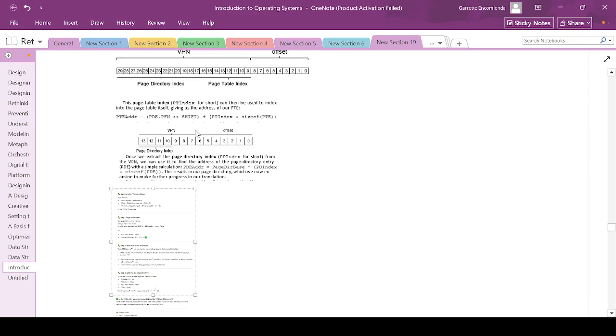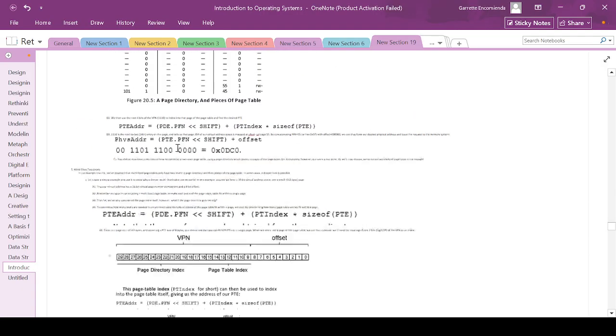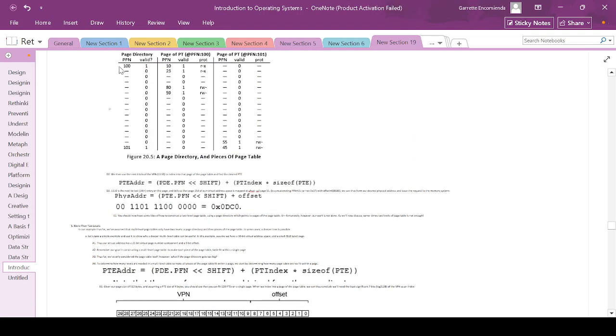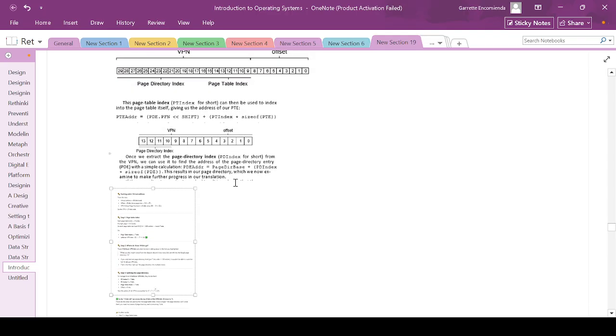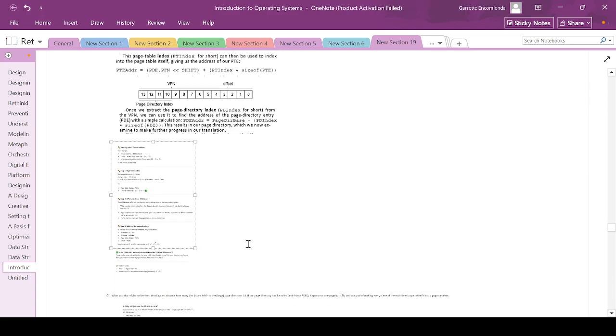So this is how we get the page directory entry for larger pages. We get the index first. PDE address equals page dir base plus PDI times size of PDE. This gives us our page directory entry, which we now examine to make further progress in our translation.